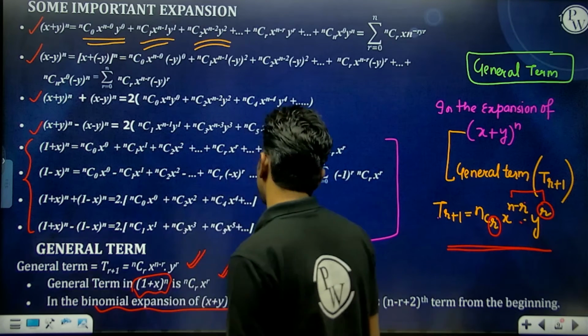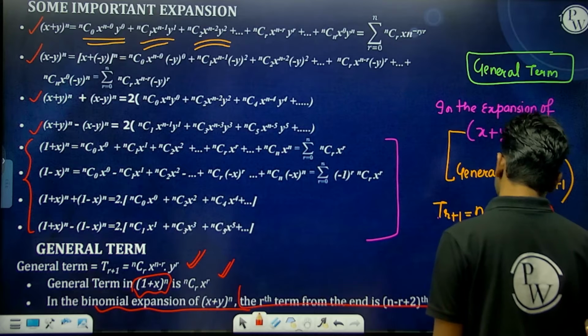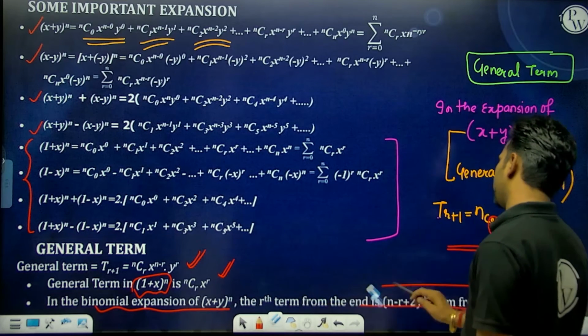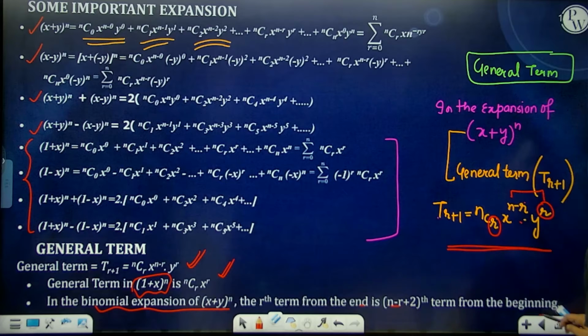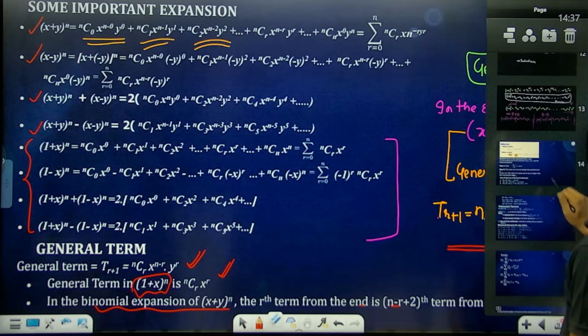Now understand. In the binomial expansion of x plus y to the whole power n, the rth term from the end is the (n minus r plus 2)th term from the beginning. Understand this particular thing.